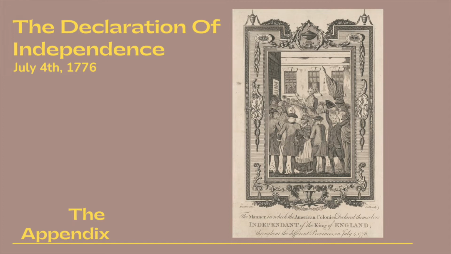He has forbidden his governors to pass laws of immediate and pressing importance, unless suspended in their operation till his assent should be obtained. And when so suspended, he has utterly neglected to attend to them. He has refused to pass other laws for the accommodation of large districts of people, unless those people would relinquish the rights of representation in the legislature, a right inestimable to them and formidable to tyrants only.